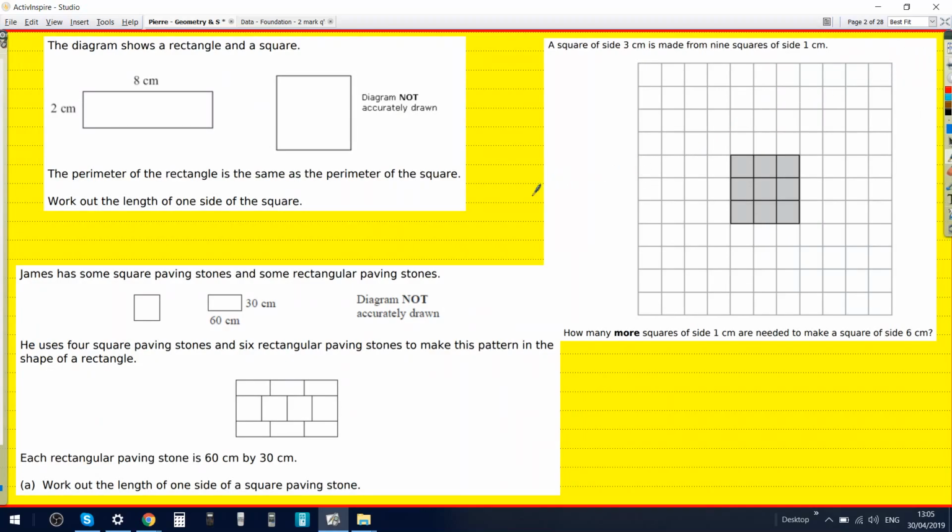Okay, top left. Square. One side of the square.